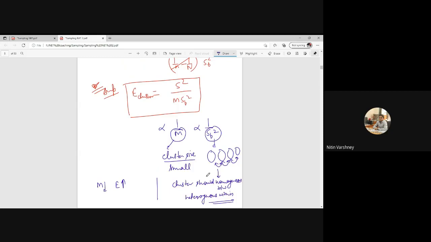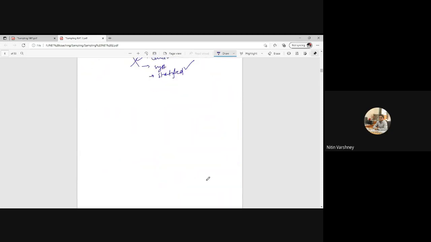Now there is one important relation between S square, SB square, and within cluster variability. I am directly writing this: n into m minus 1 S square is equal to n into m minus 1 S bar w square plus m into n minus 1 S b square.